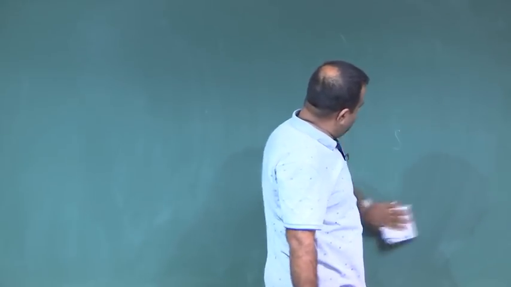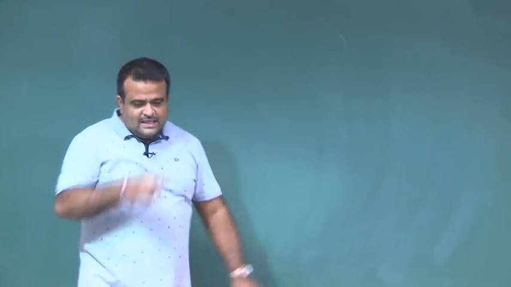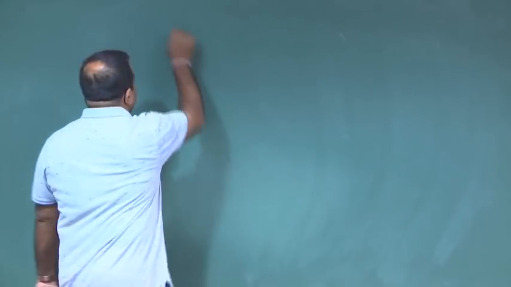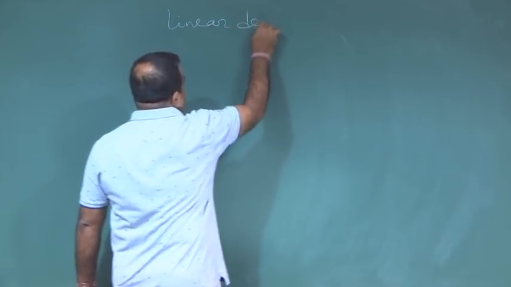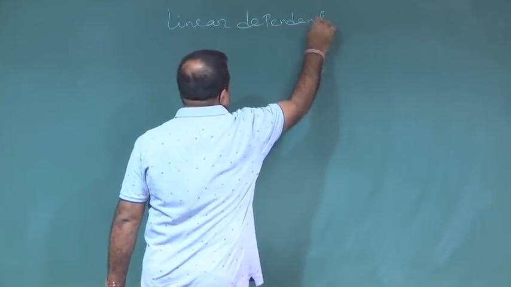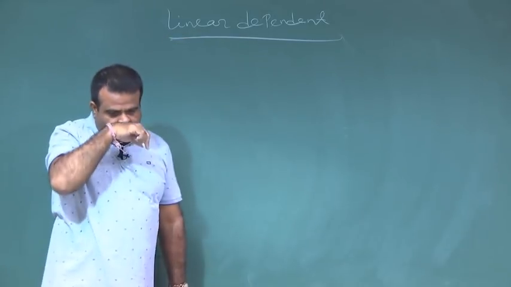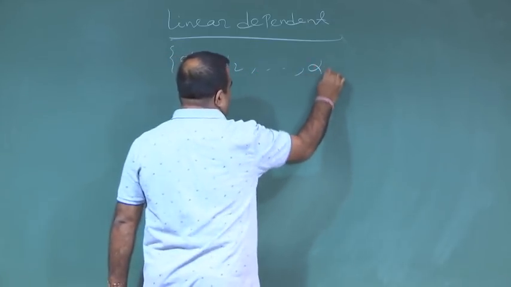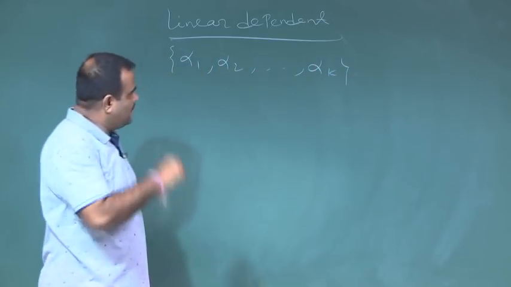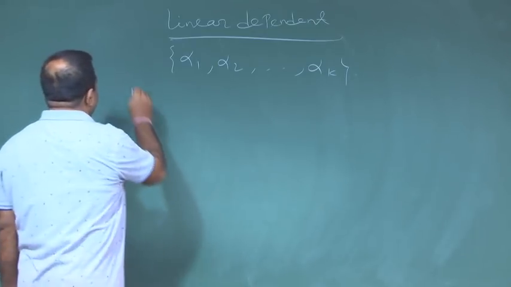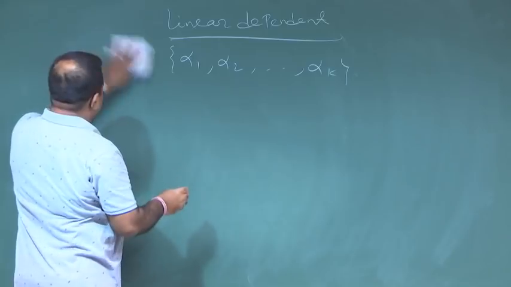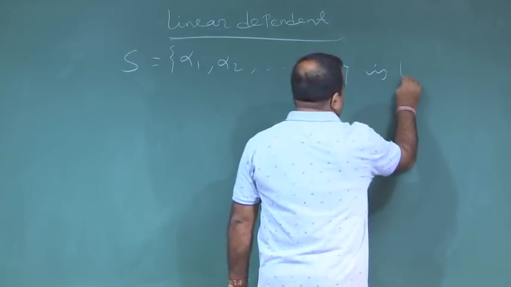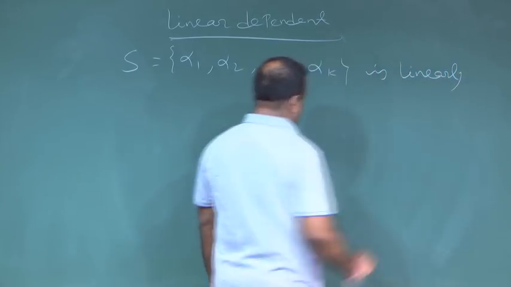Now, we will define what we mean by linearly dependent and linearly independent sets of vectors. So, suppose we have a set of vectors, say alpha 1, alpha 2, alpha k. Okay. Now, we call this set S, say, linearly dependent. This is the definition.